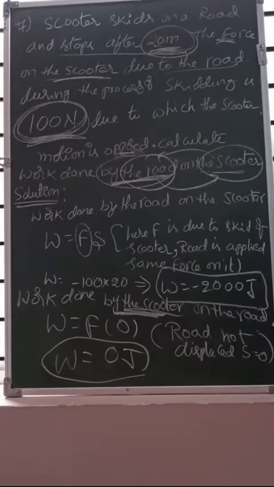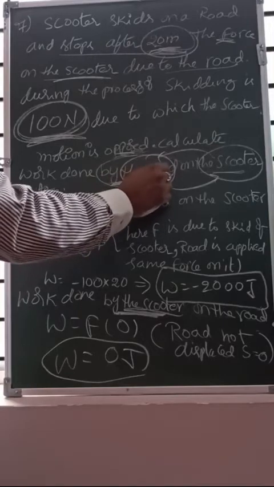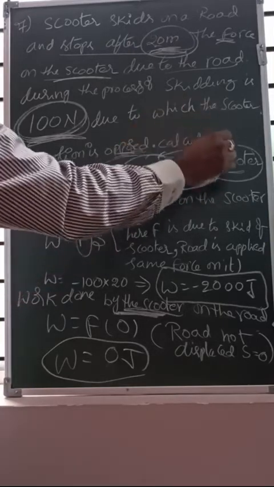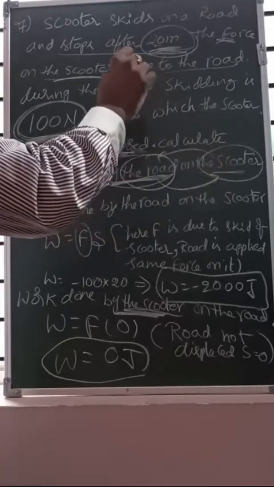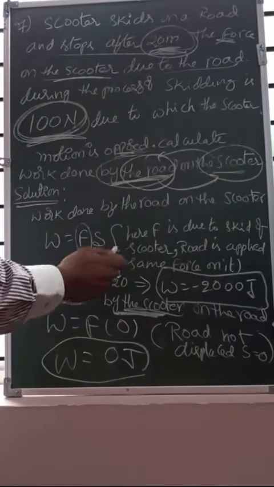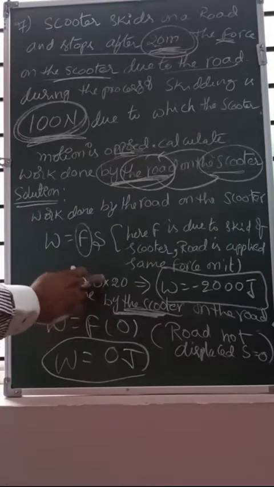Why? Because previously you learned that by the road on the scooter means the road applies a force on the scooter. So while skidding in this direction, the road gives the opposing force. We take it as minus 100.